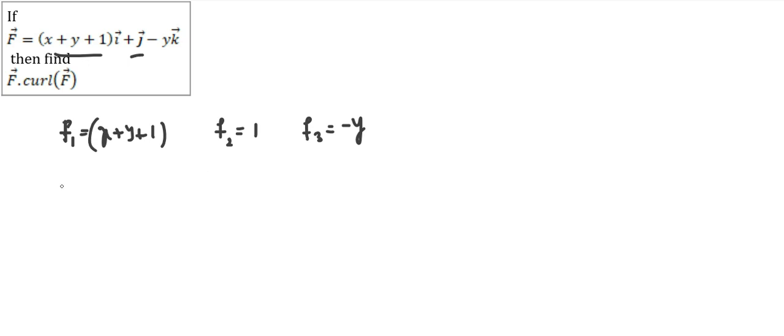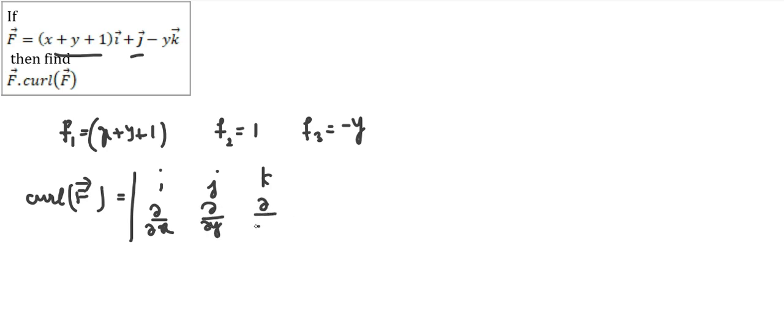Now we need to calculate the curl of F. So what is the curl of F here? The formula is the determinant with i, j, k in the first row, ∂/∂x, ∂/∂y, ∂/∂z in the second row, and F1, F2, F3 in the third row, right?